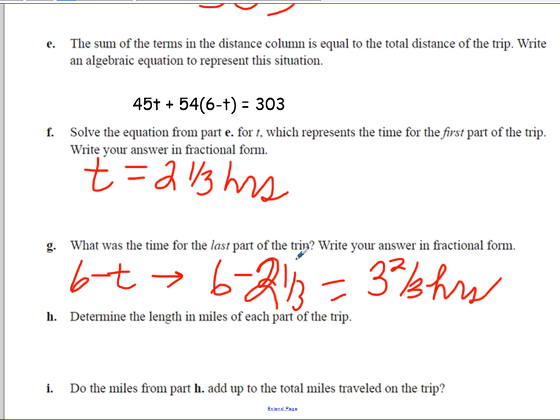for the second part. So now it wants us to determine the length of each. So remember, distance equals rate times time. We already filled in those numbers, so now let's just do that multiplication. So 45 times our t of 2 1/3 for the first part of our trip would give us a total of 105 miles.